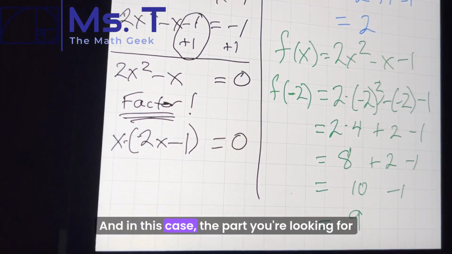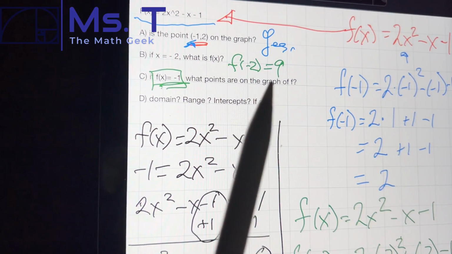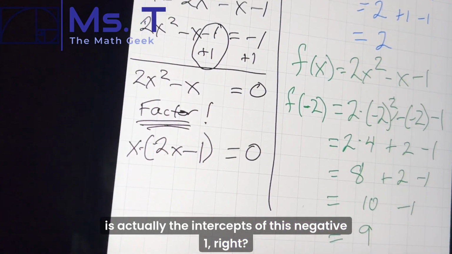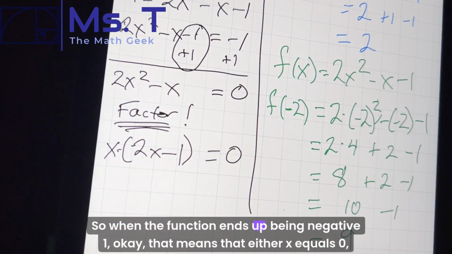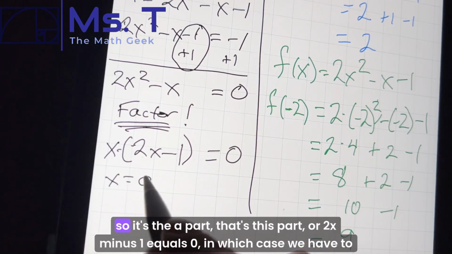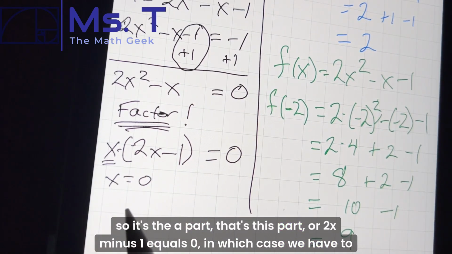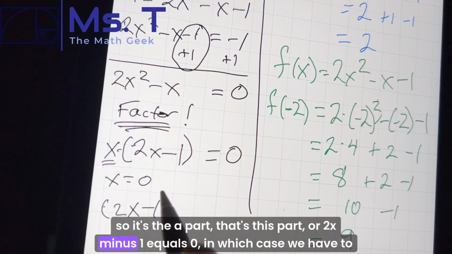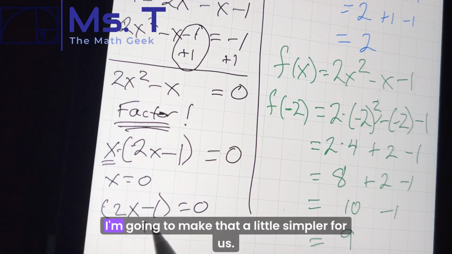And in this case, the part you're looking for is actually the intercepts of this negative 1, right? So when the function ends up being negative 1, that means that either x equals 0, that's this part, or 2x minus 1 equals 0, in which case we have to solve that.